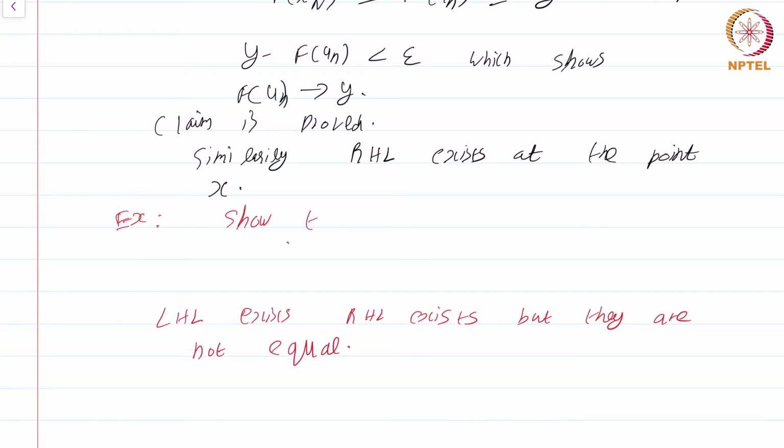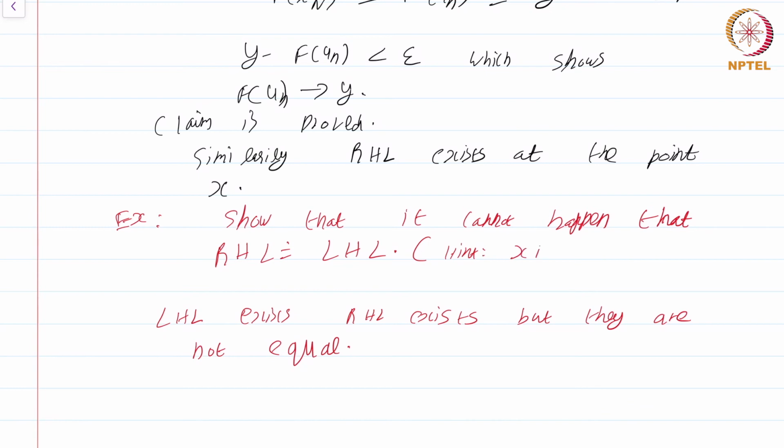Show that it cannot happen that the right-hand limit is equal to the left-hand limit. This is a better way of phrasing this exercise. Hint: x is a discontinuity. Remember that x is a discontinuity. So the left-hand limit exists, the right-hand limit exists, and I'm leaving you to show that the left-hand limit cannot be equal to the right-hand limit.